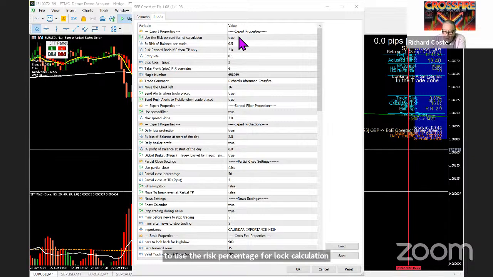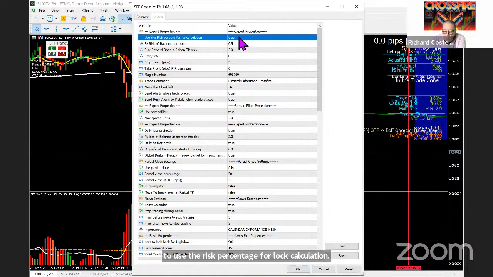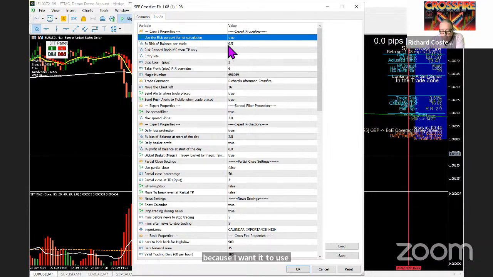If I toggle that, it changes to false, I'm changing it back to true because I want it to use the risk percentage. So I want it to risk 0.5% on this pair, Euro USD, on this trade.